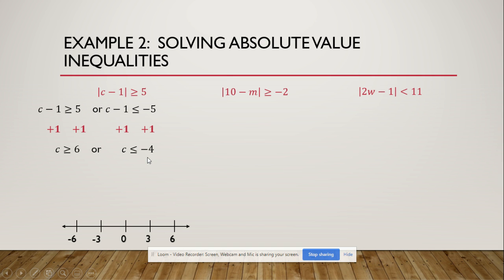So to graph that, draw our number line. First we'll graph C is greater than 6. Then we'll graph C is less than or equal to -4. And we're done. We've successfully solved and graphed that absolute value inequality.